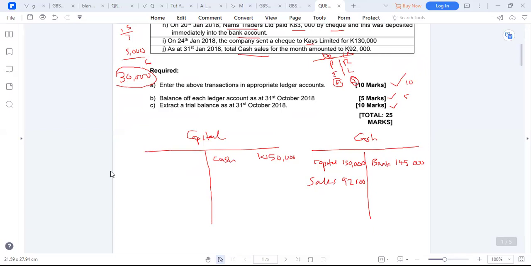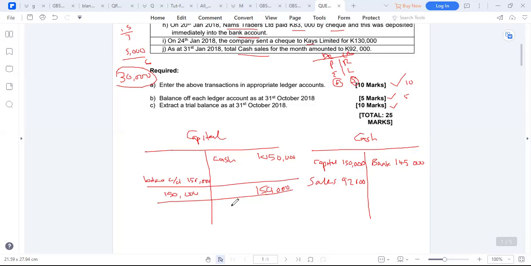So how do we balance up? You just close the account like this. You get the total. What total do we have here? 150,000. Then if this amount is there, the side that doesn't have it gets the balance carried down, 150,000.